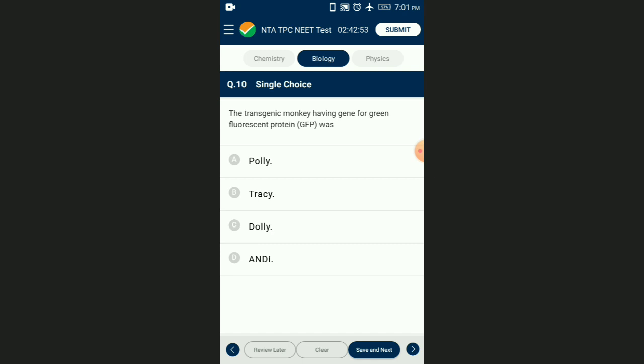The main motive was to show that the foreign gene can be inserted into the monkey's chromosome and produce a functional protein. The GFP gene was chosen because the protein produced will emit a fluorescent green glow that can be seen through a microscope. So the answer for this question is option D, ANDI.